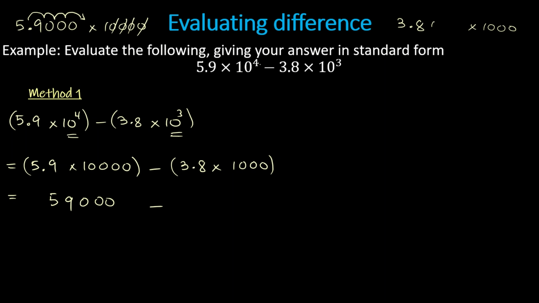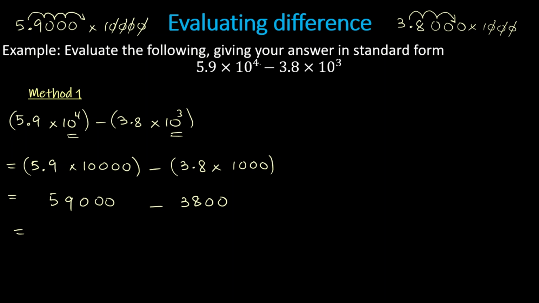Now I include some zeros, then I will move the decimal by 3 decimal places. 1, 2, 3. So this is simply 3,800.